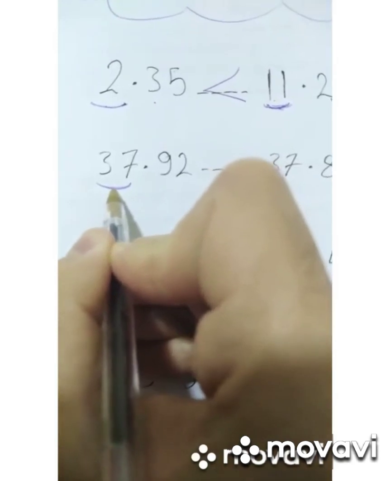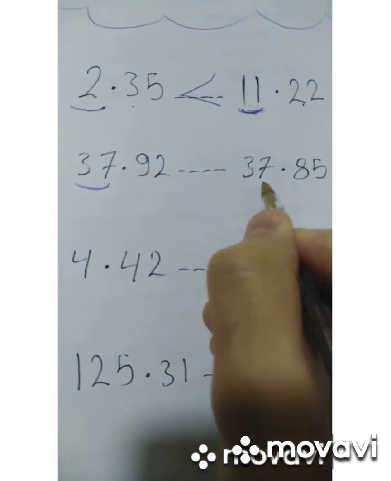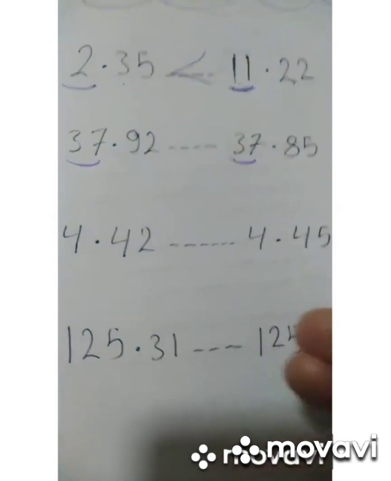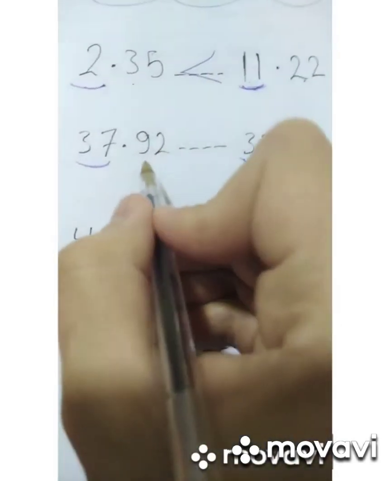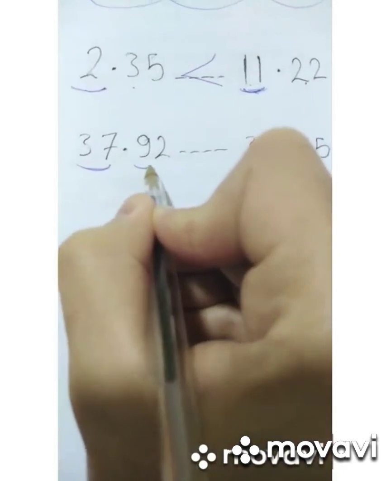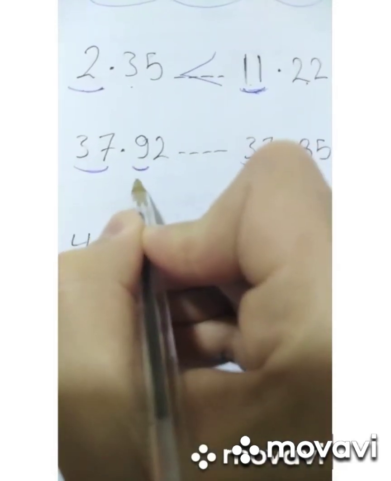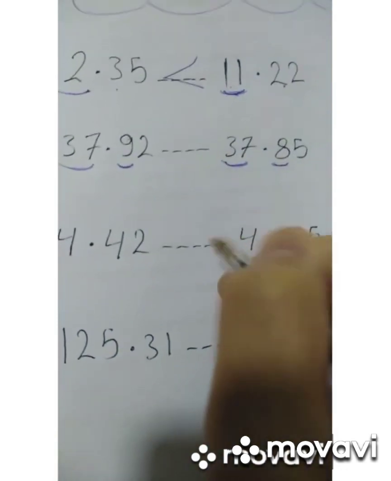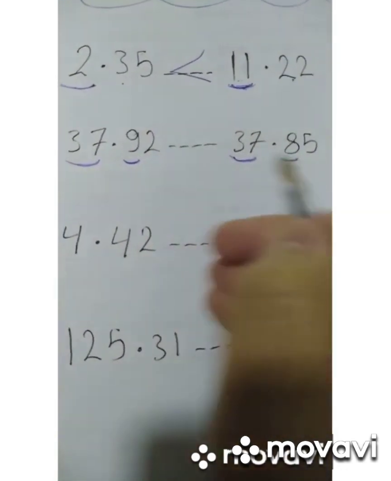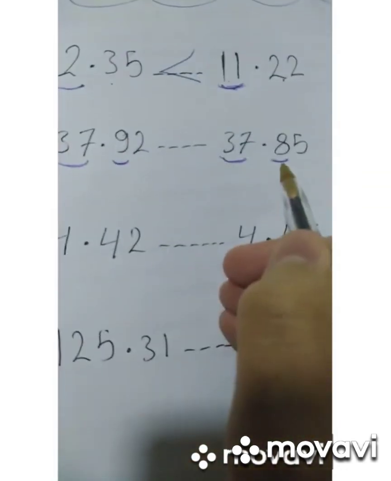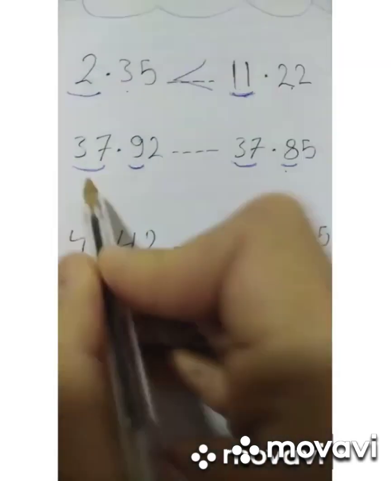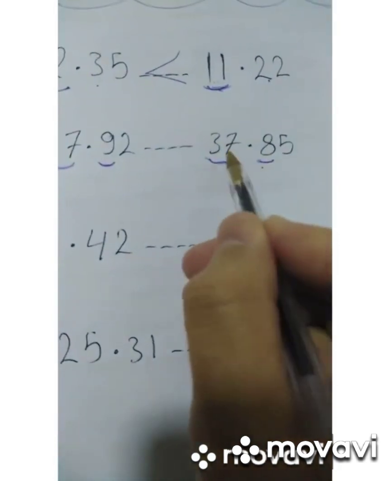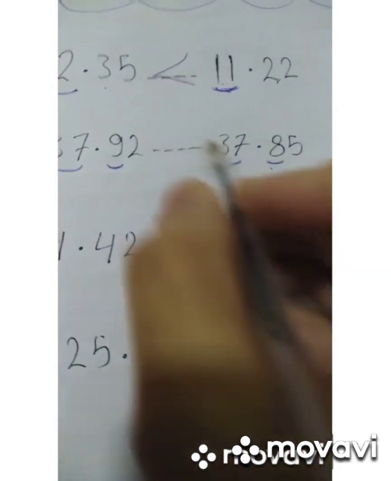Is 37, and the whole also in this decimal is 37, so they are equal. What could we do now? Yes, we can go to the next digit. What is the next digit here? Is 9. 9 in tenths. Okay, and here in tenths we have what? Yes, we have 8. So can we compare now? They are different. Yes, 9 is greater than 8. Okay, so 37 and 92 hundredths is greater than 37 and 85.